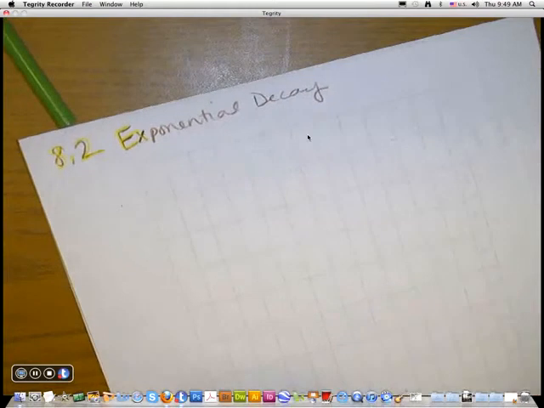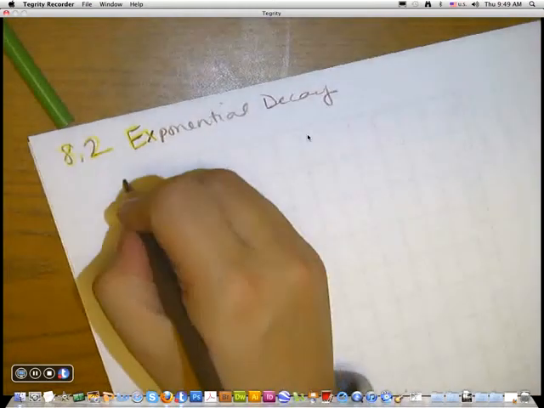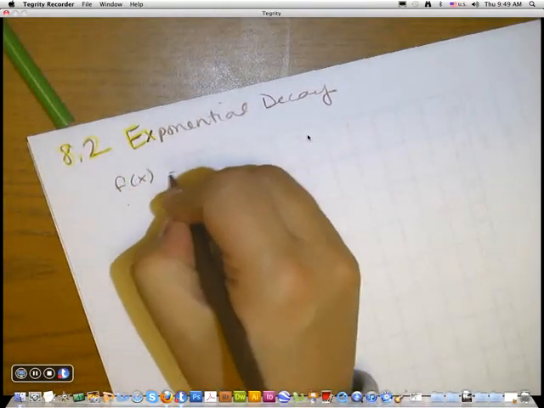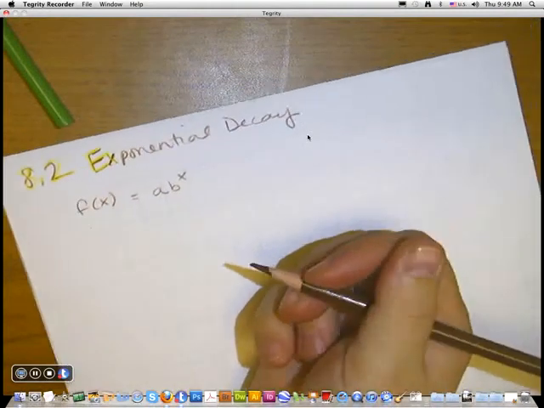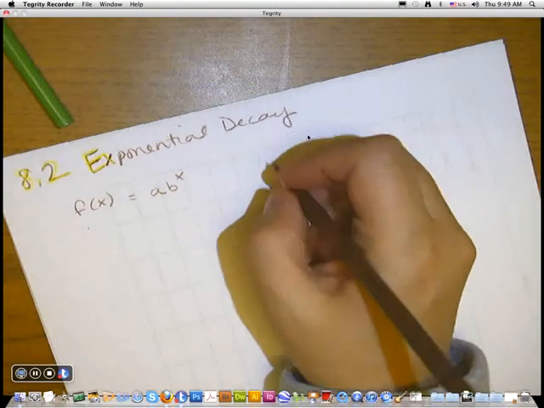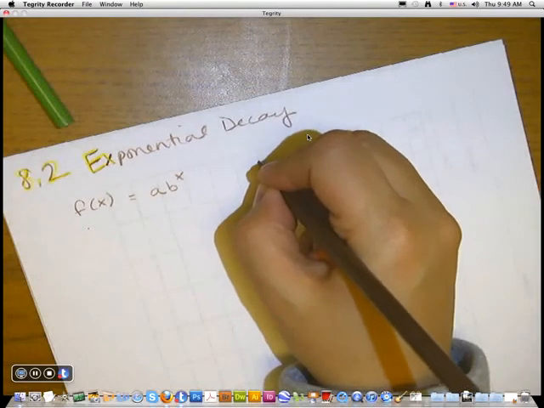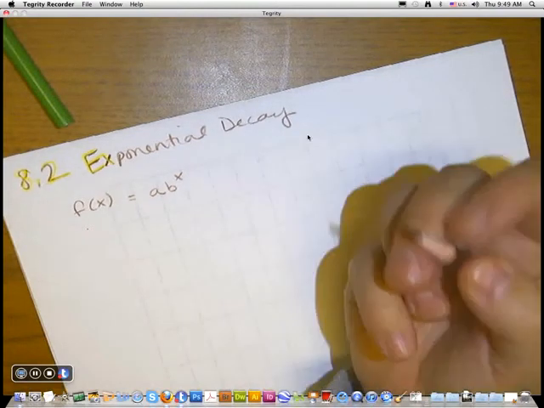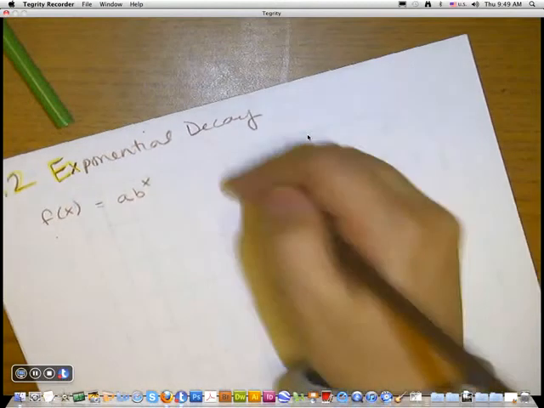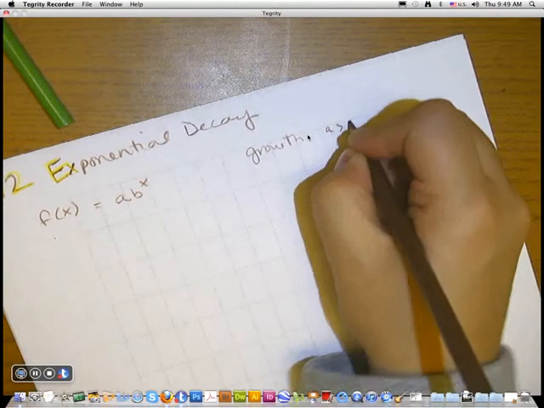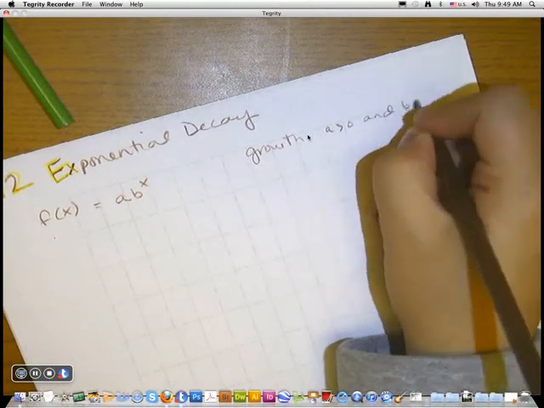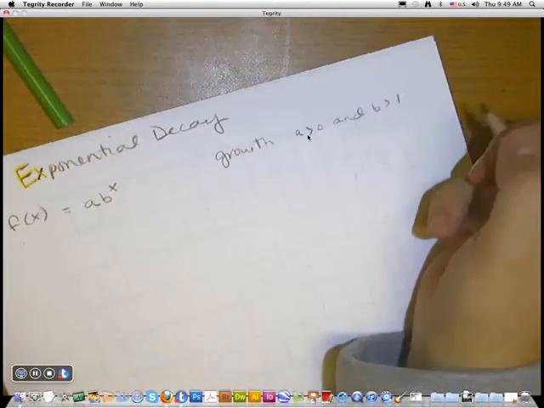8.2, exponential decay. All right, so we have our exponential function, a times b to the x. For growth, that's what we talked about the last couple of days, a is greater than 0 and b is greater than 1.